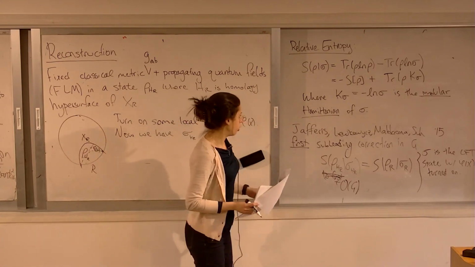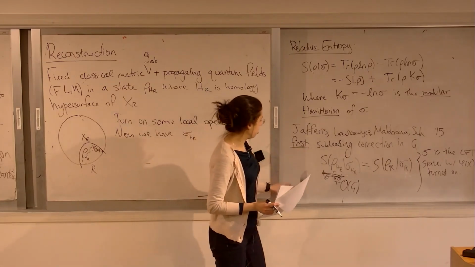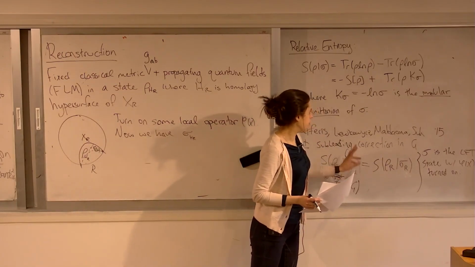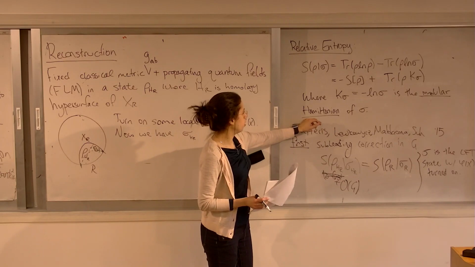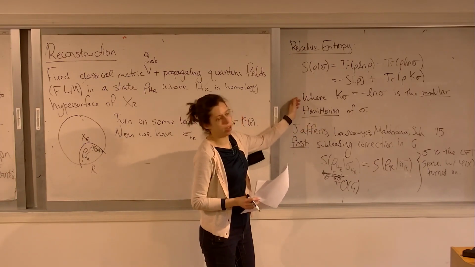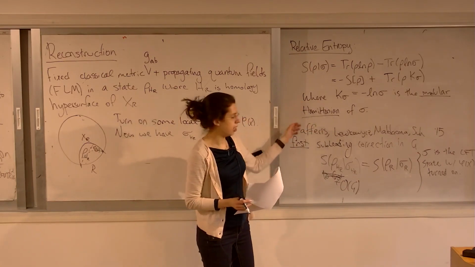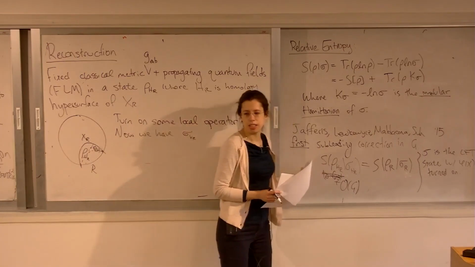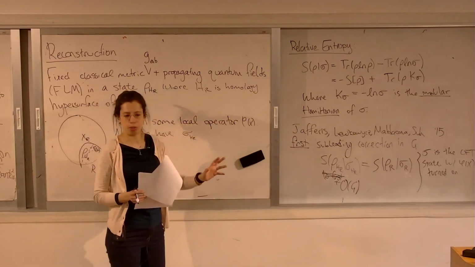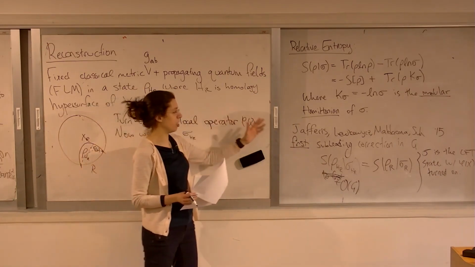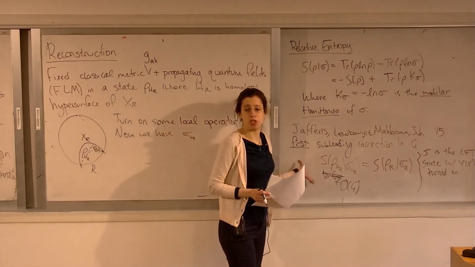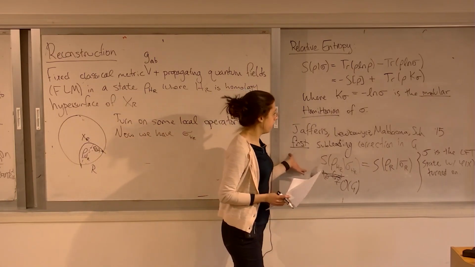Now, before I get into reconstruction, let me say just a couple of words about it. One of the reasons I say that the modular Hamiltonian is very useful is if you want to actually execute a reconstruction protocol, not just to say it's reconstructible, but to actually have something constructed, then there is such a thing.